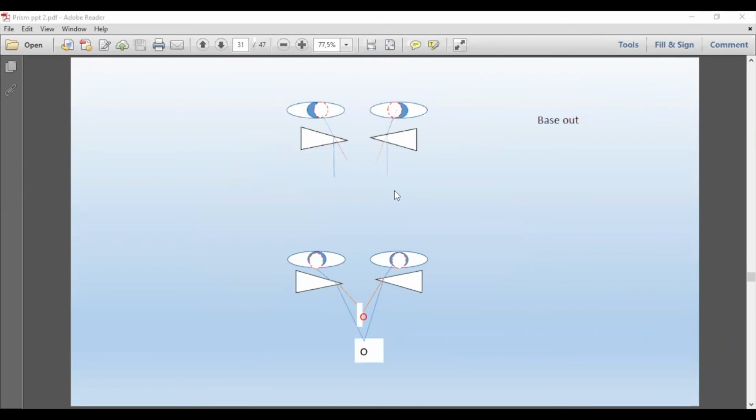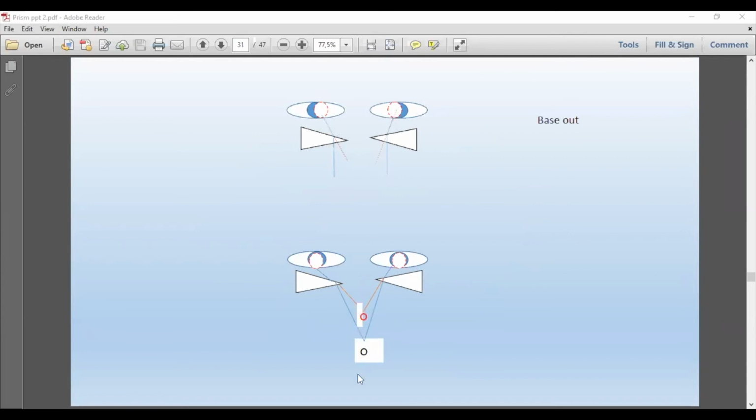Now, if we look over here, you can see if you've got base out in both eyes for a person that does not need prism, what's going to happen? Light will come in, it will bend towards the base. So that means the image is going to be displaced inwards. So that means this eye is now going to converge more.